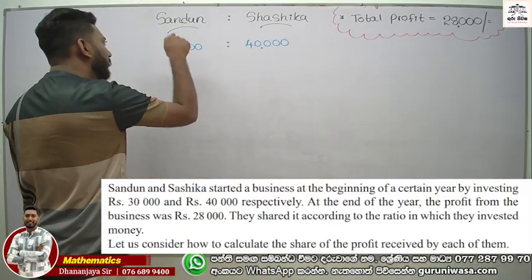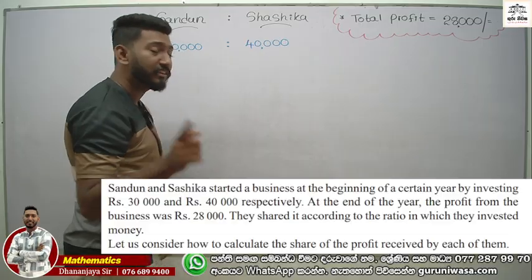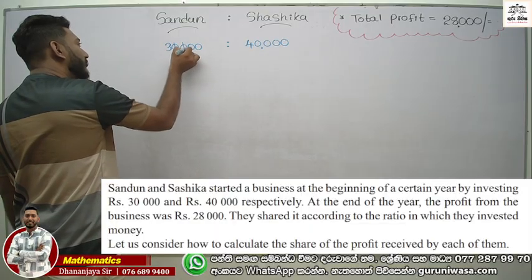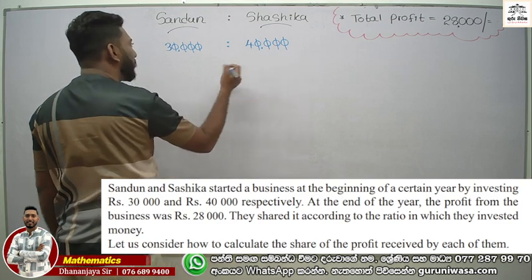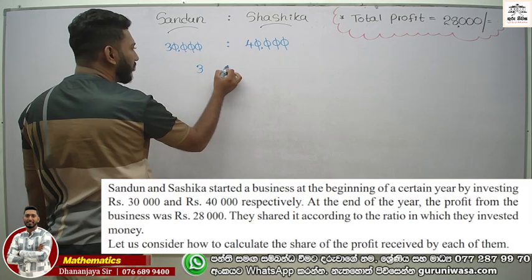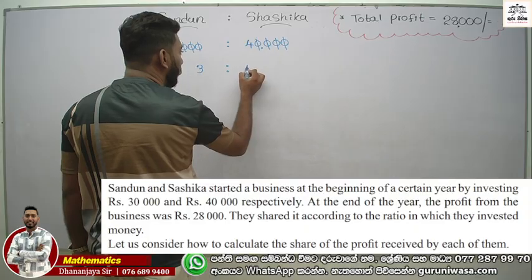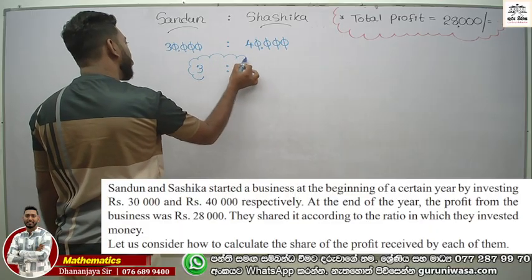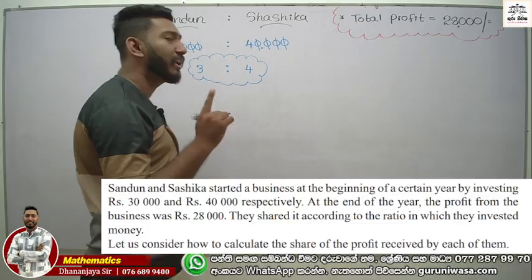That means you can simplify by 10,000. 10,000 times 3 is 30,000, and 10,000 times 4 is 40,000. Now, this is the simplest ratio between Sandun and Shashika.